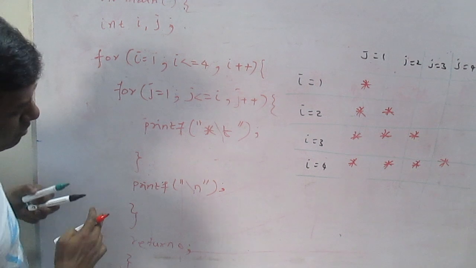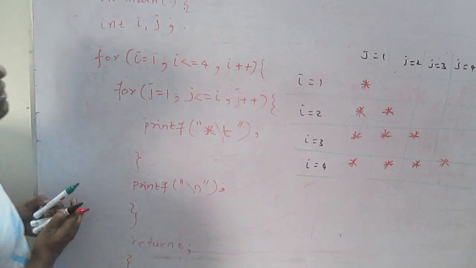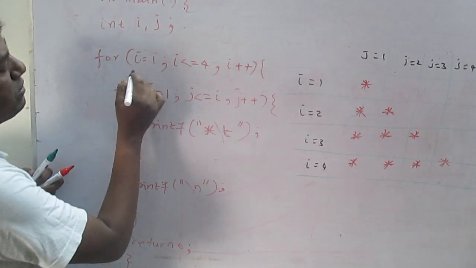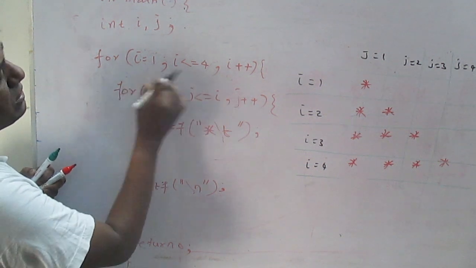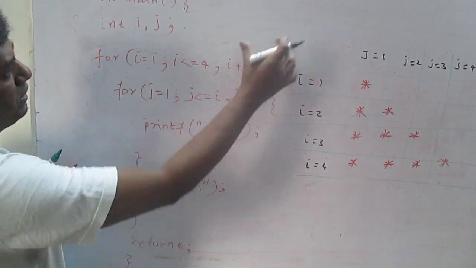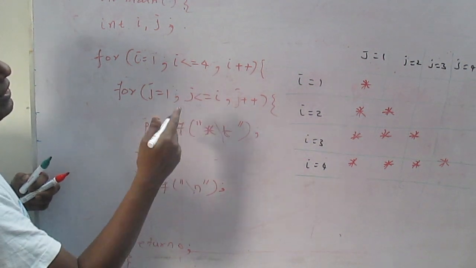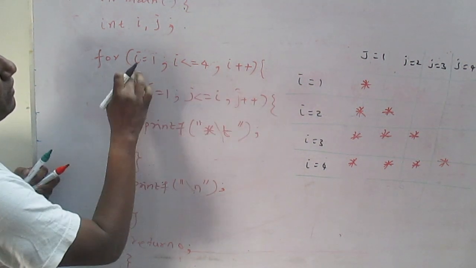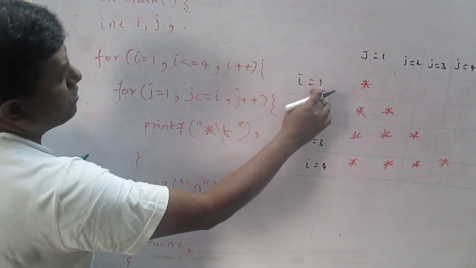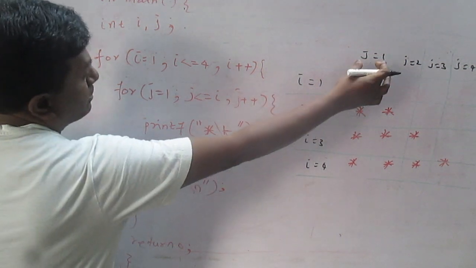Now we have to understand how this works, in the simple way, no need for any complex way. When i equals 1, then j is 1.